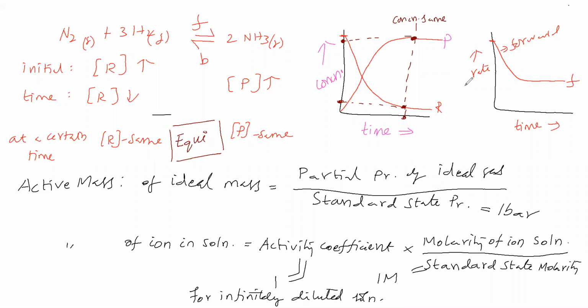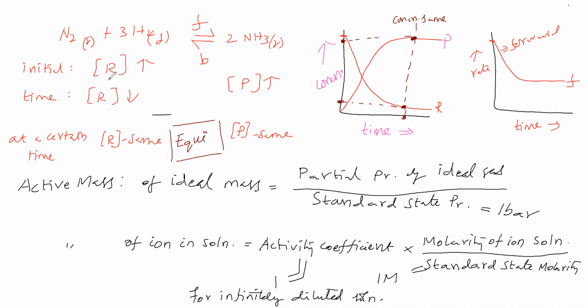So why is the forward reaction rate maximum in the beginning? Because initially we took reactants. Therefore the rate of forward reaction is maximum initially.